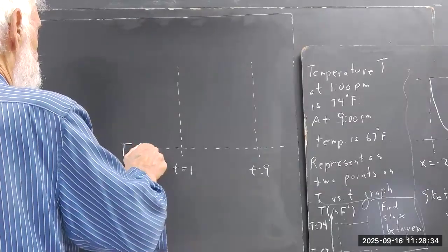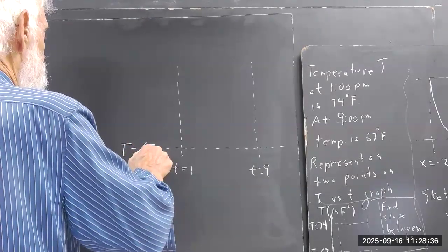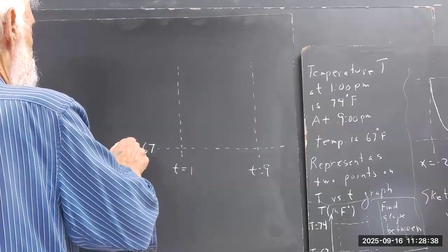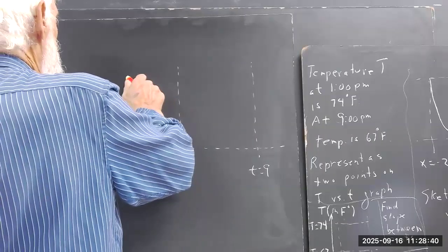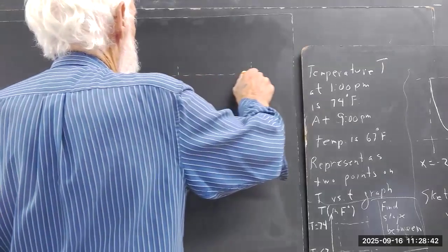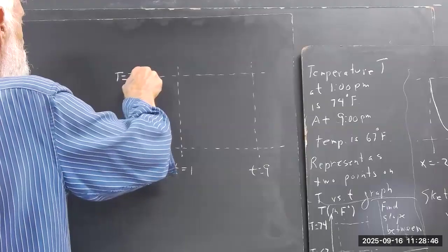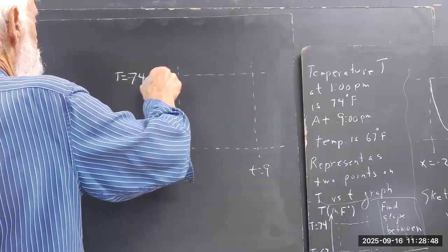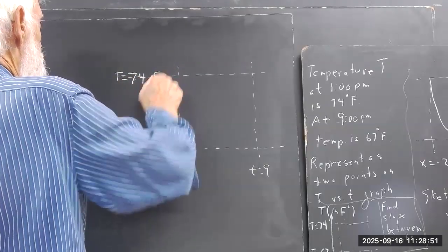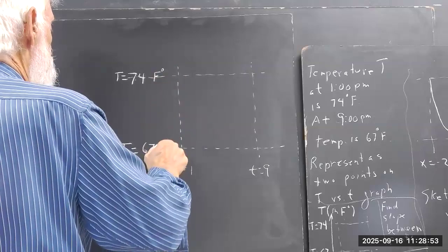Drawing it bigger so I'm sure everybody is able to see it. And up here, big T equals 74. And I'll put Fahrenheit degrees.